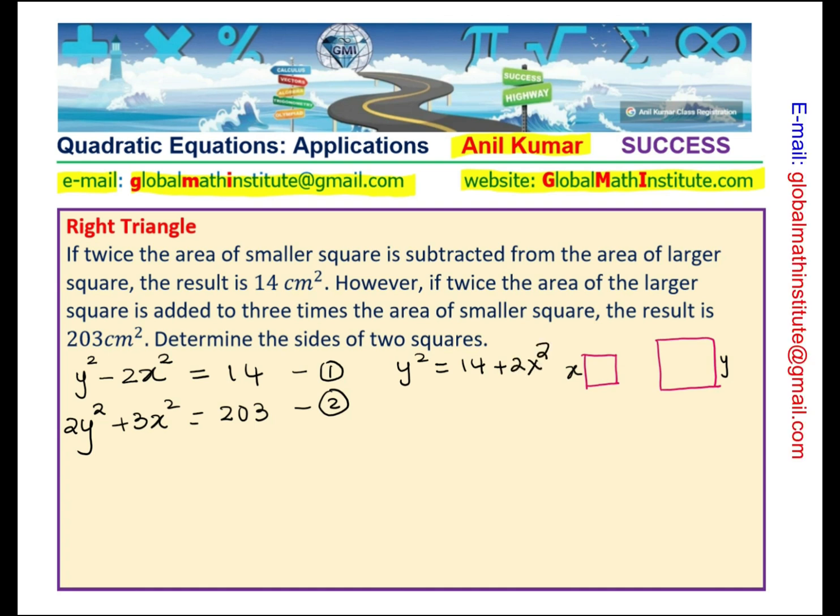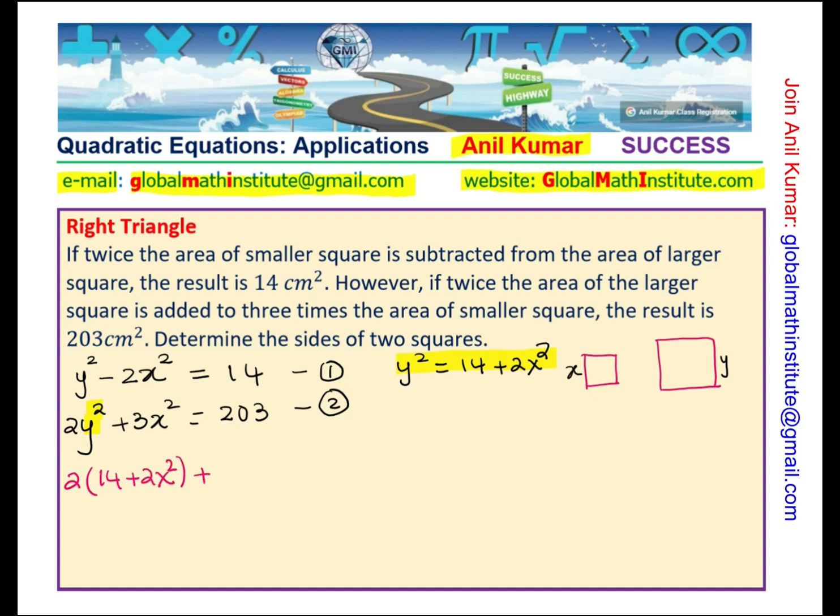Substituting this, what do we get? We get 2 times y square, and this y square I'm going to substitute with 14 plus 2x square. Makes sense, right? So it is 2 times 14 plus 2x square, and we have 3x square here, equals 203.